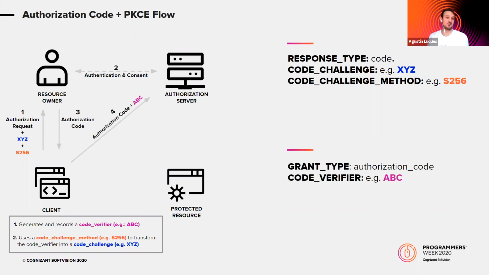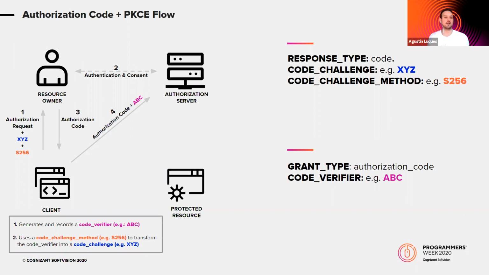The authorization server will save the code challenge method and the code verifier also for later use. When all the authentication and the authorization run, the server will redirect to the client with the authorization code, and now the token endpoint call is made, but now the client will send the code verifier.